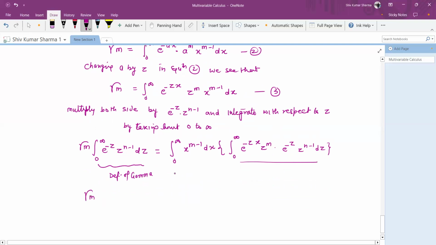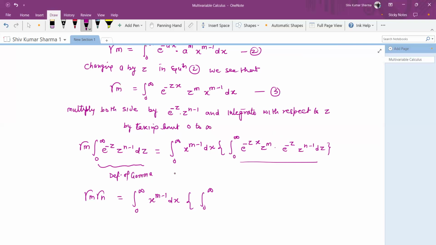So we write directly gamma m into gamma n is equal to the integral from 0 to infinity of x raised to the power m minus 1 into dx, or this integral. First we simplify this as 0 to infinity. Here we have the variable, that means the base is e, so we can add the power.